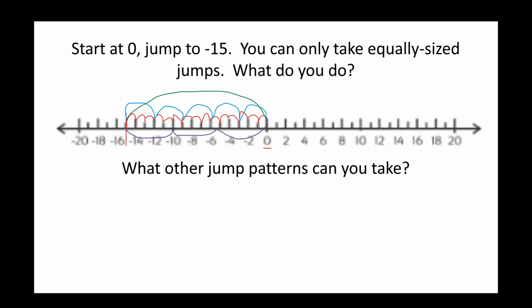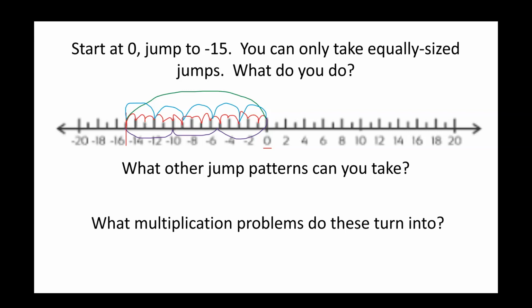Mentioning the negative with those numbers is important because it indicates the direction we're moving. So what do these drawings and jumps turn into in terms of multiplication problems? In red, we took 15 jumps, and each of those covered -1 steps. In green, we took 1 jump, and that covered a distance of -15 because we moved to the left.